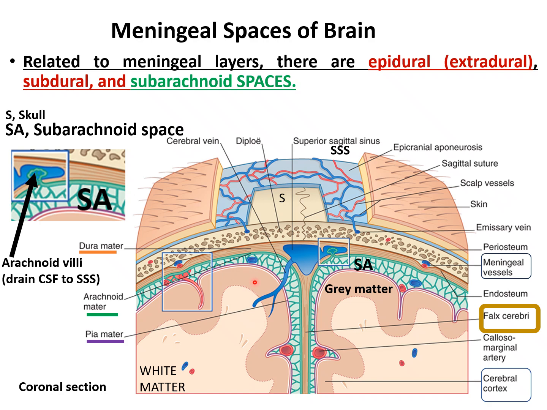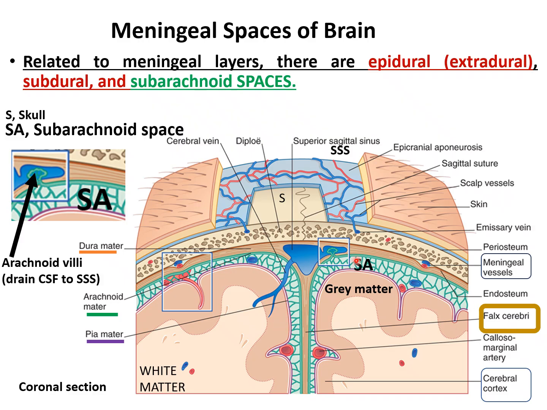Here is the gray matter and there is white matter, and you can find the three layers of the meninges from outside to inside. The brown one here is dura, green is arachnoid, and the innermost one is pia mater.